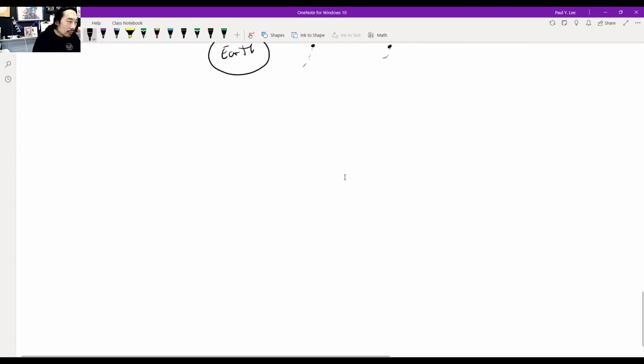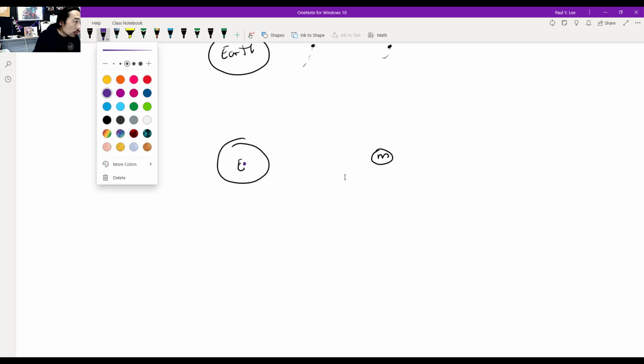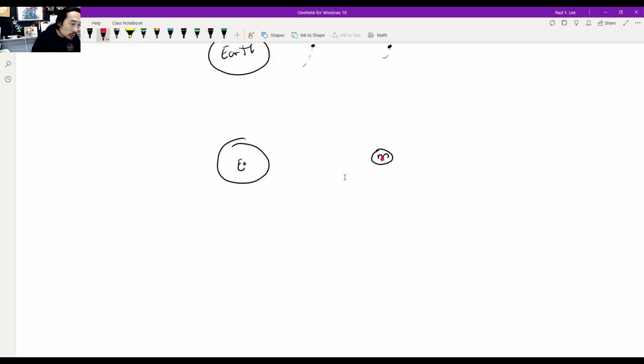So let's say we have the Earth here, and we're going to look at the very center of the Earth, and let's say we have the moon out here. Of course, we are going to be looking at the center of the moon. We usually look from the center of one object to the center of the other.